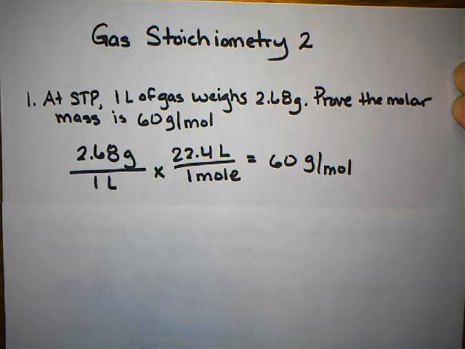Hopefully you know that if you use standard molar volume, you can get liters to cancel out by writing it appropriately in a conversion factor, and you are left with grams on top and moles in the denominator. So you will get from the density to the molar mass.